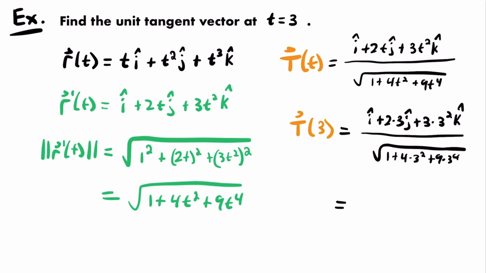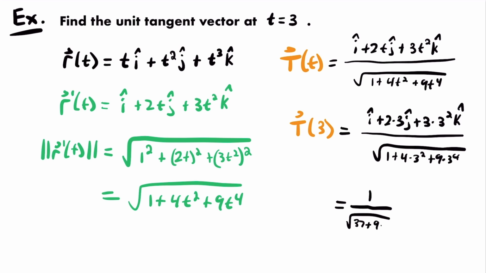And so simplifying, I am going to move this denominator out front. So we're going to have 1 divided by the square root of 1 plus 4 times 3 squared. 3 squared is 9, so 9 times 4 is 36, plus 1 is 37. So we have 37 plus 9 times 3 to the power of 4. 3 cubed is 27, so then multiplying by another 3 takes you to 81.